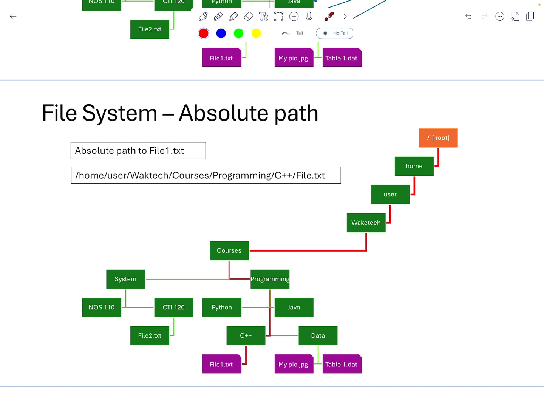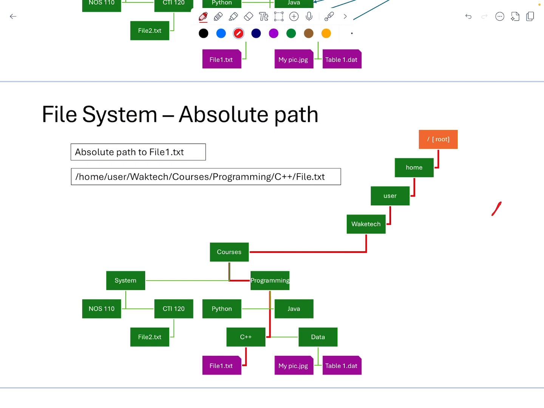So in this case, I'm trying to create an absolute path from root to file1.txt. The dark red basically follows your absolute path. The key thing between Windows and Linux is the directory separator: in Linux it is a forward slash, and in Windows it's a backslash.